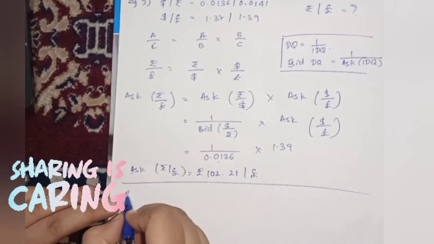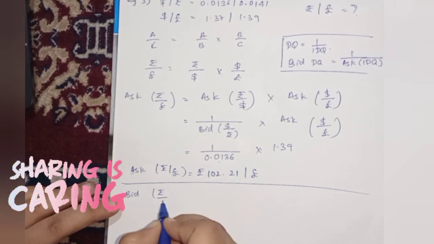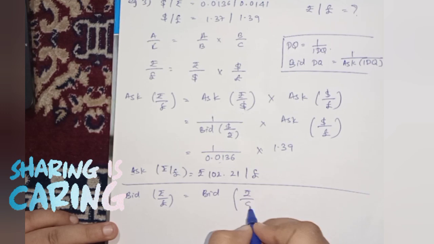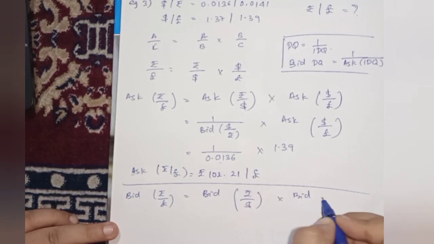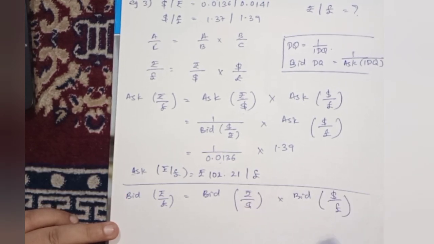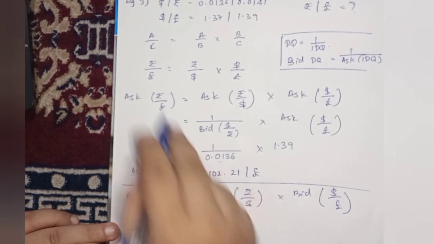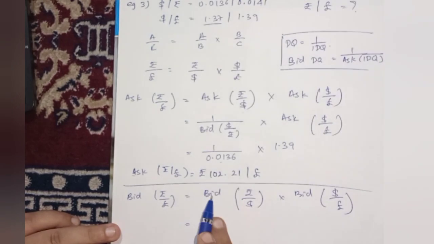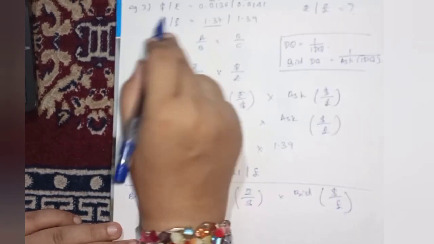Now we will do similarly for bid of rupee upon pound. The equation will be the same: bid of rupee upon dollar into bid of dollar upon pound. Bid of dollar upon pound is given, but bid of rupee upon dollar is not given in the question.